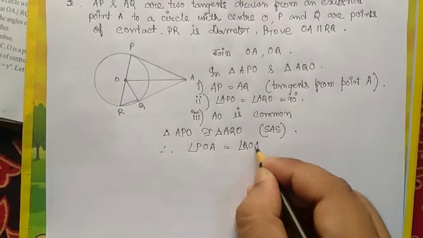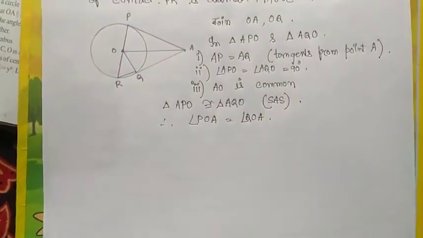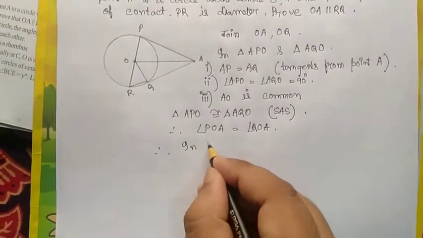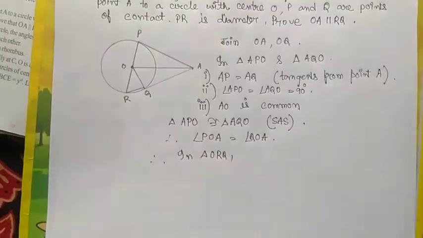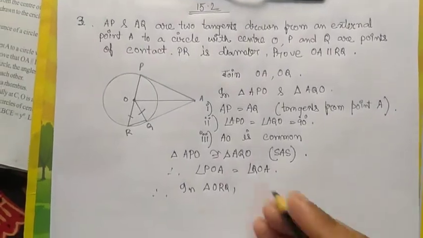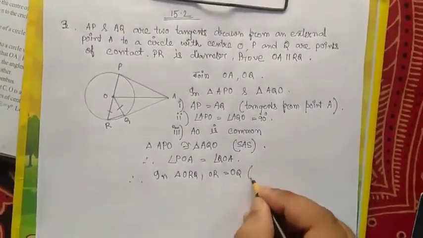We can say that through the congruency. Now in triangle ORQ, OR and OQ are radius. OR equal to OQ, radius.